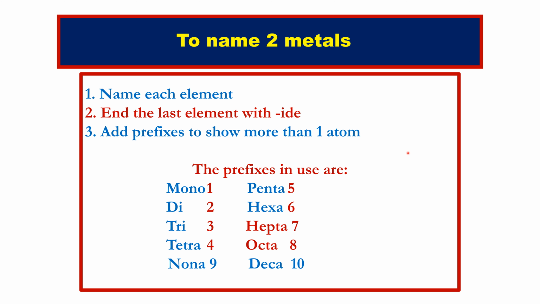The prefixes in use are: mono is used for 1, di is used for 2, tri is used for 3, tetra is used for 4, penta is used for 5, hexa is used for 6, hepta is used for 7, octa is used for 8, nona is used for 9, and deca is used for 10.